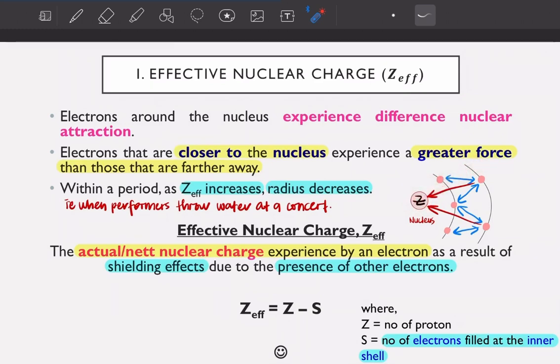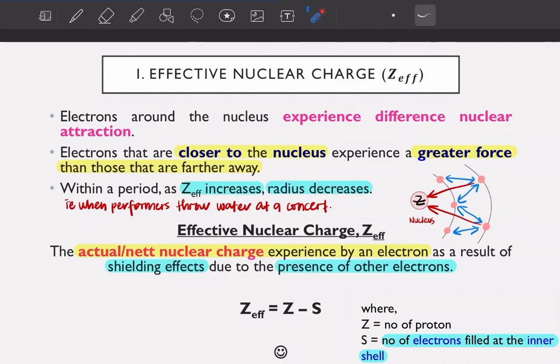So, electrons that are closer to the nucleus, let's say the electrons in the inner shell, will experience a greater force than those that are further away. Betul tak? So, siapa yang lebih dekat, dia akan rasa lebih banyak lah efek dia. Dia akan kena tarik dengan lebih kuat, banding dengan siapa yang dekat luar sekali tu, paling jauh tu.